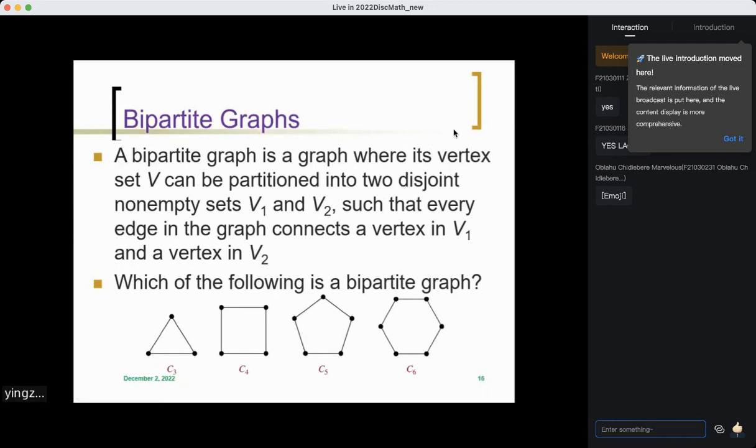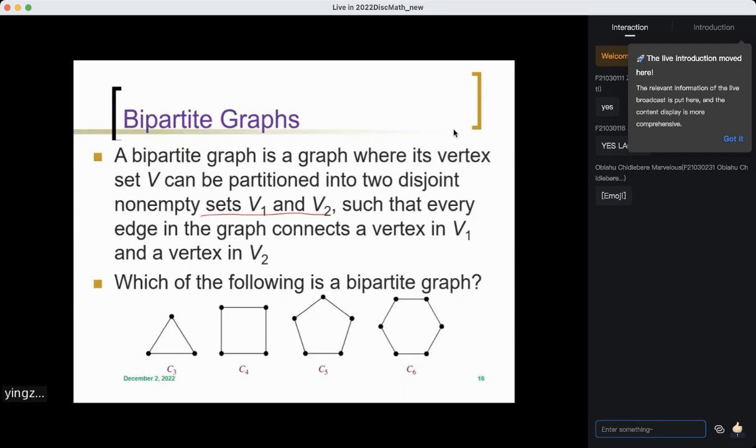It means the vertices and the edges are sets, but the vertex set can be divided into two disjoint non-empty sets, and these two sets cannot have any common elements.